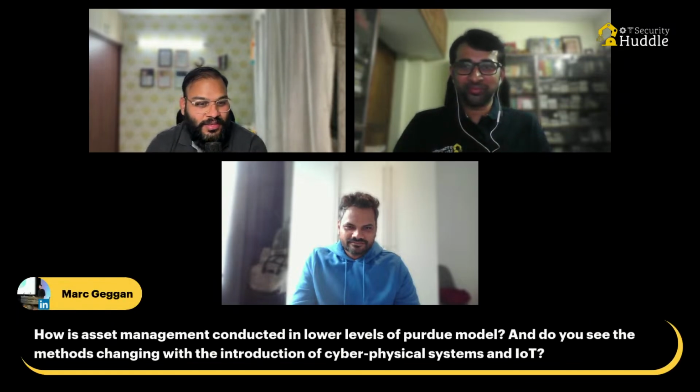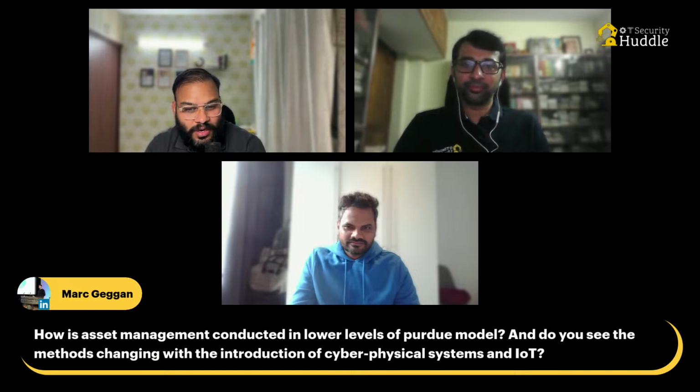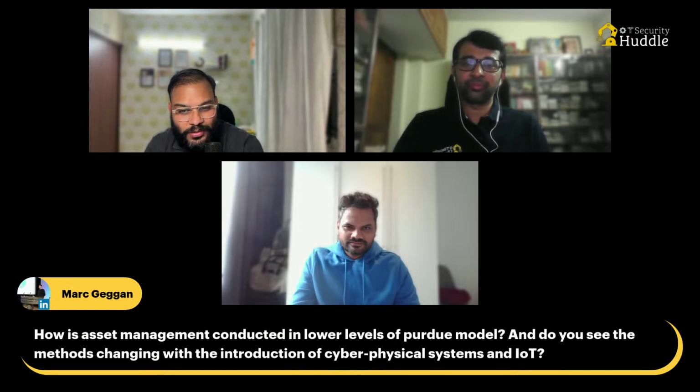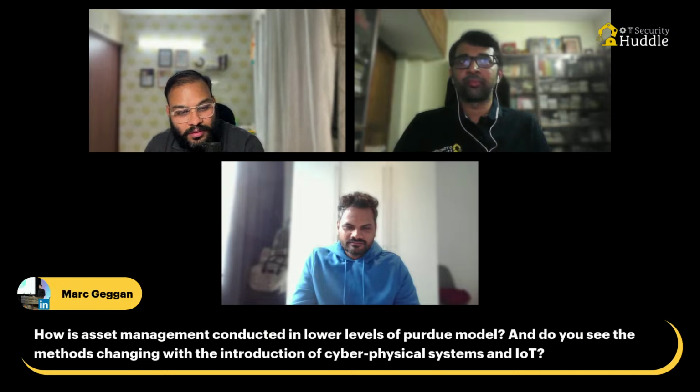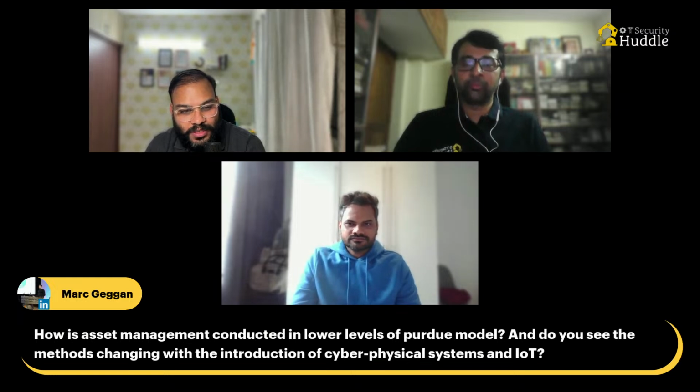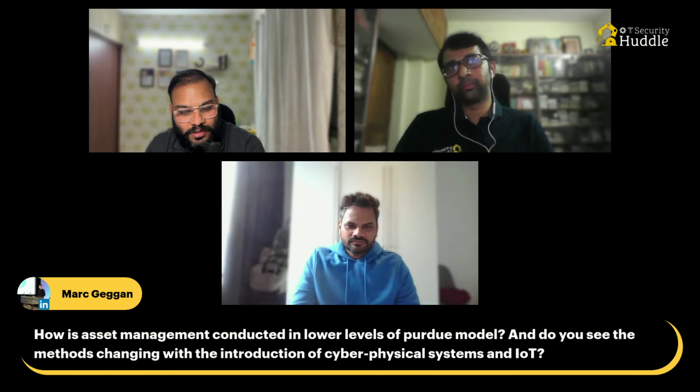Then there is again a question from Mark. How is asset management conducted in the lower levels of the Purdue model, and do you see the method changing with the introduction of cyber physical systems and IoT? Yeah, there are already solutions available that can give you asset management, the same solutions like Clarity and Nozomi. One of the key benefits they give is visibility of the assets.